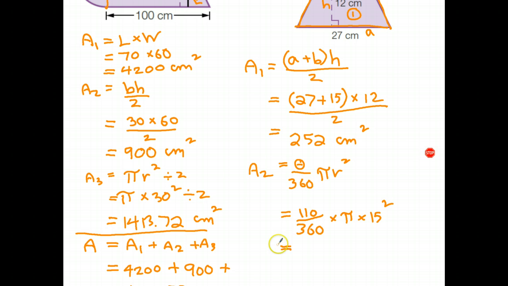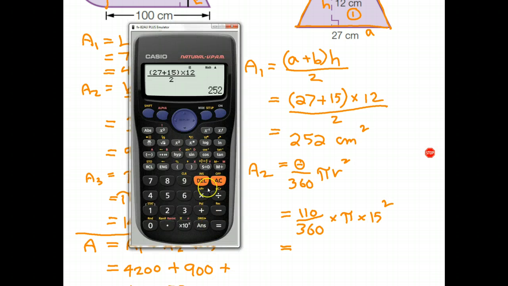Once again, we just type that into our calculator. So the fraction button, 110 over 360, right arrow, times pi button, times 15 squared. Oops, once again, I've messed it up somehow.